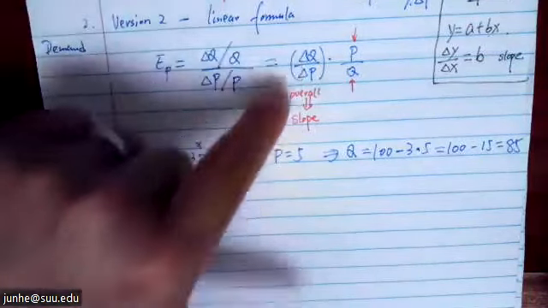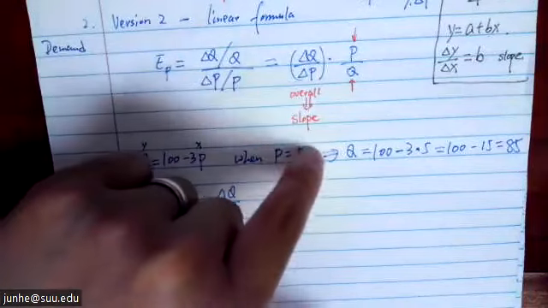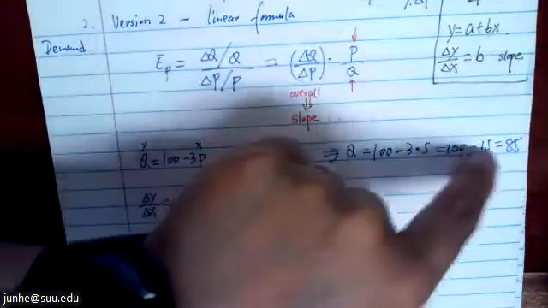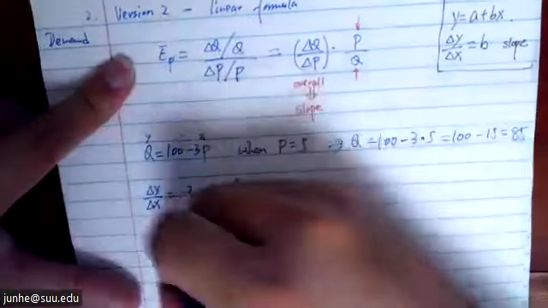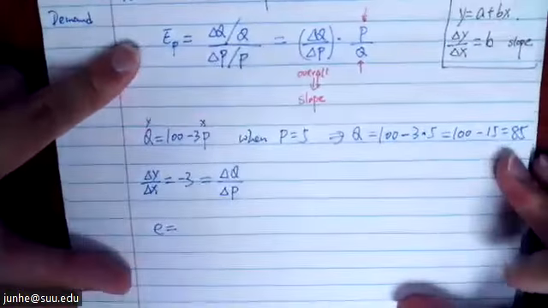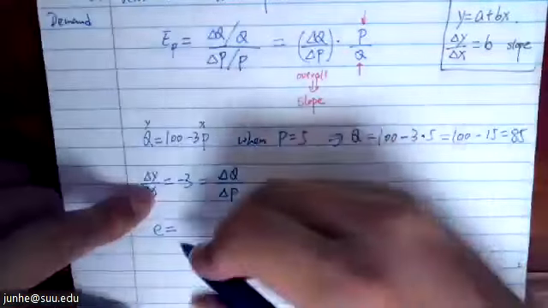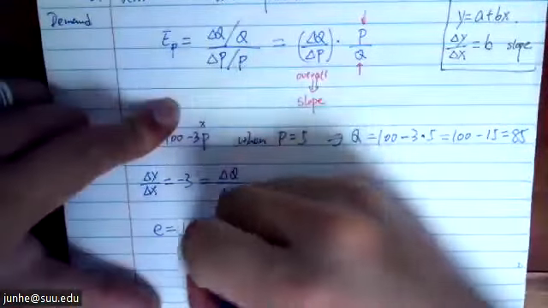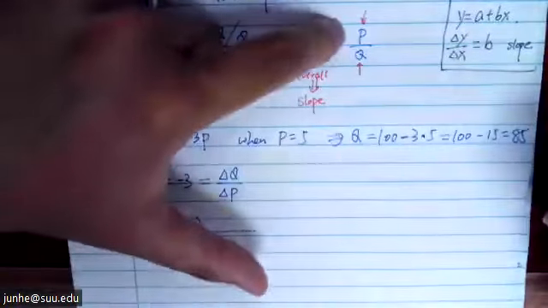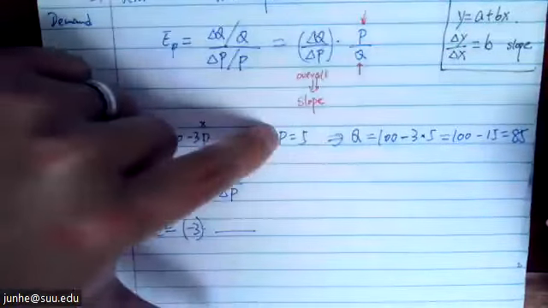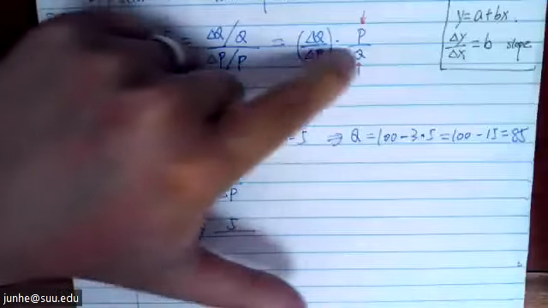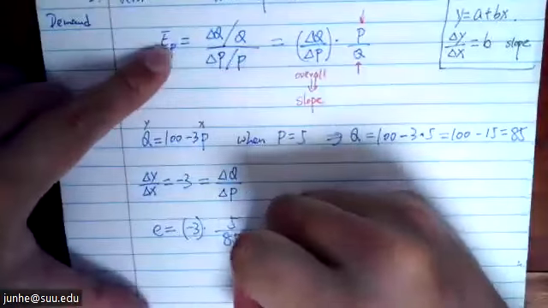So you have delta Q over delta P, you have the price, you have the quantity. Then to calculate elasticity, what you need to do is just plug them in, right? The first term is minus 3. For the second term, on the top is the price, which is 5, and on the bottom, 85.